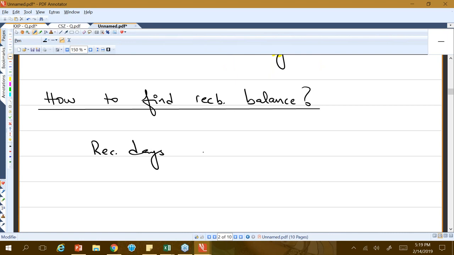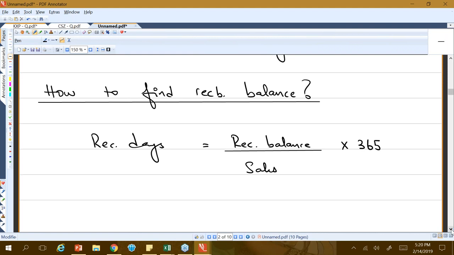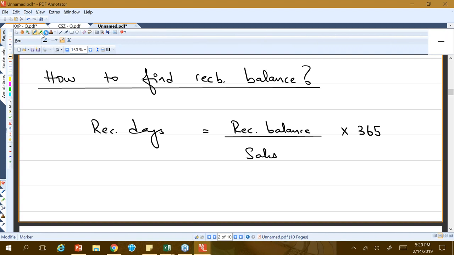And I've already shown you the calculation of receivable days, which is the receivables balance over the sales into 365.